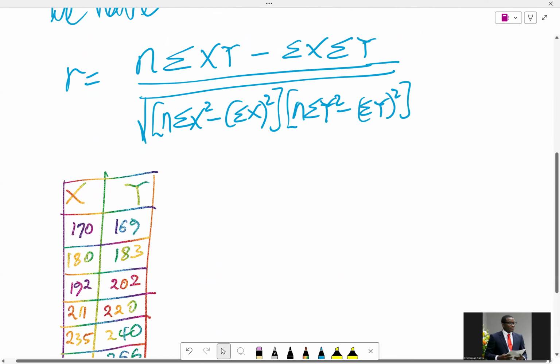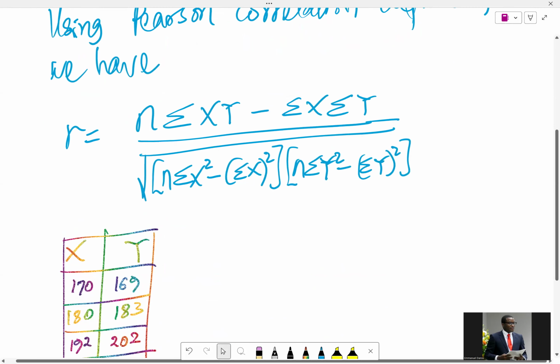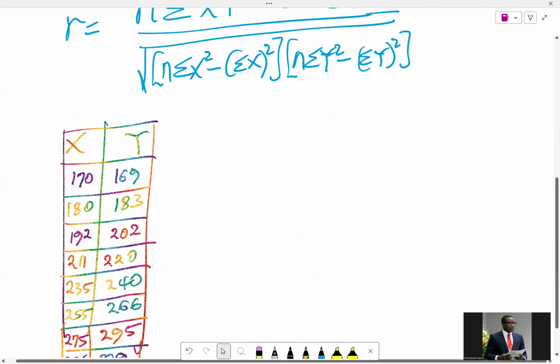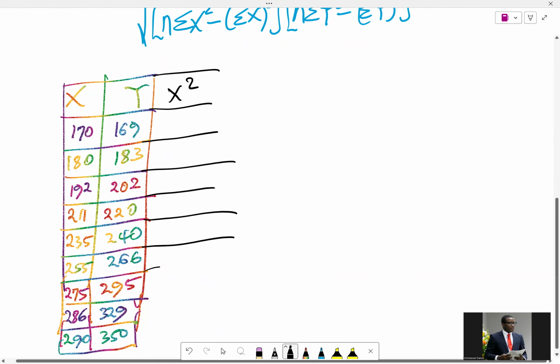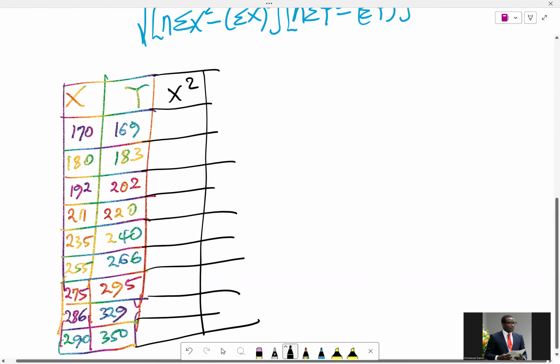So we need summation of X, we need summation of Y. With what we have already, we can get summation of X and summation of Y. Next we need X squared. Then we need Y squared.